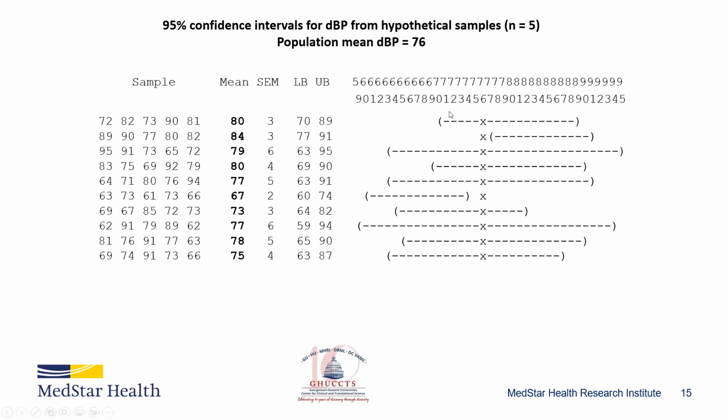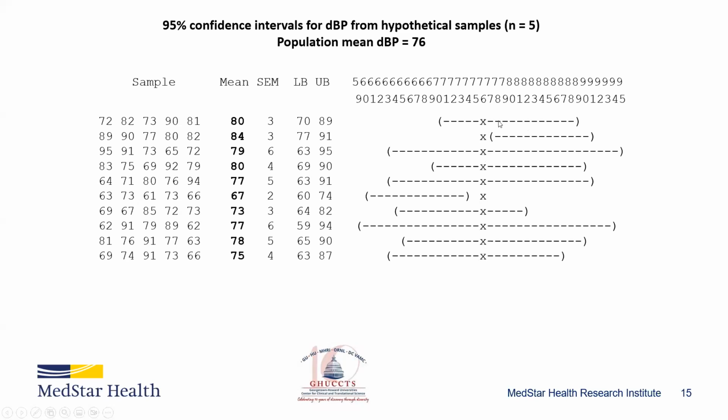And so on the right hand side here, I've illustrated this by drawing a picture of our confidence intervals in relationship to the population mean, which you remember is 76. So here is our population mean of 76, and here is the confidence interval about that mean.